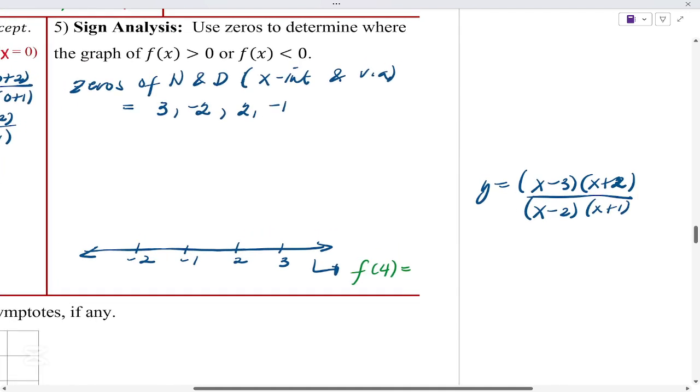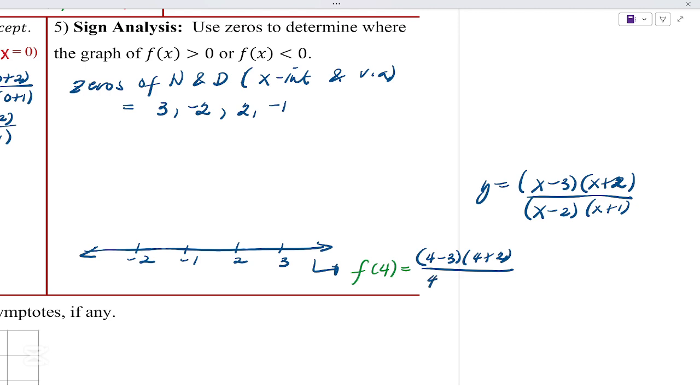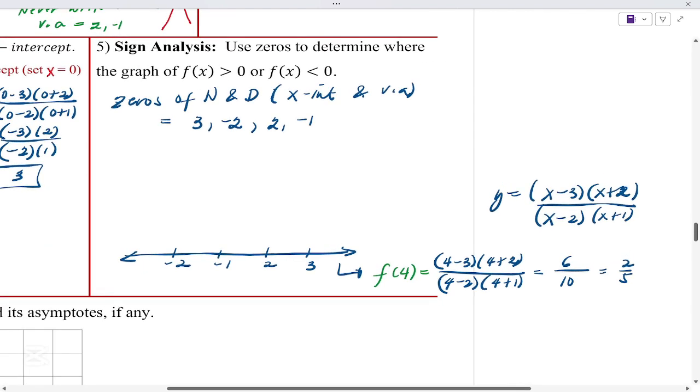If we put 4 in x, it will be (4 minus 3)(4 plus 2) divided by (4 minus 2)(4 plus 1). Let's find the value in case we need f of 4 later. This is 1 times 6 is 6, divided by 2 times 5 is 10. So this is 2 over 5. It's positive, so in this interval the function is above the x-axis.